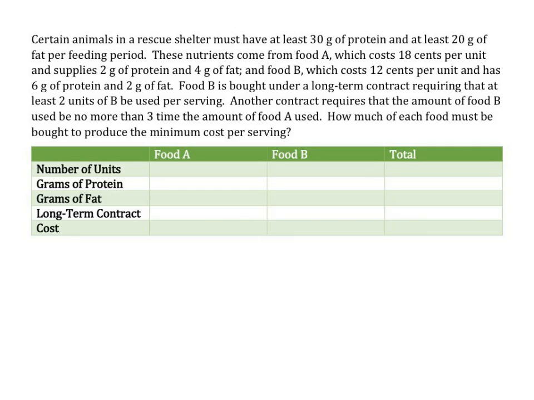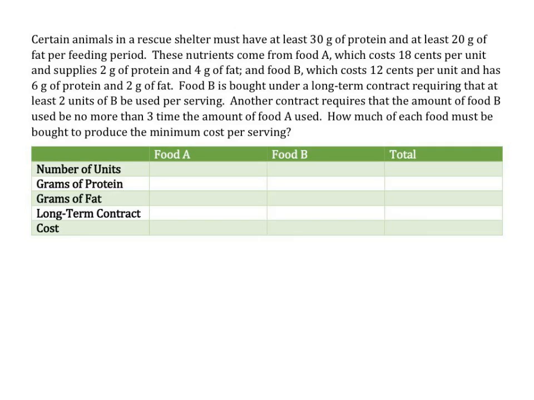Certain animals in a rescue shelter must have at least 30 grams of protein and at least 20 grams of fat per feeding period. These nutrients come from food A, which costs 18 cents per unit and supplies 2 grams of protein, 4 grams of fat, and food B, which costs 12 cents per unit and has 6 grams of protein and 12 grams of fat.